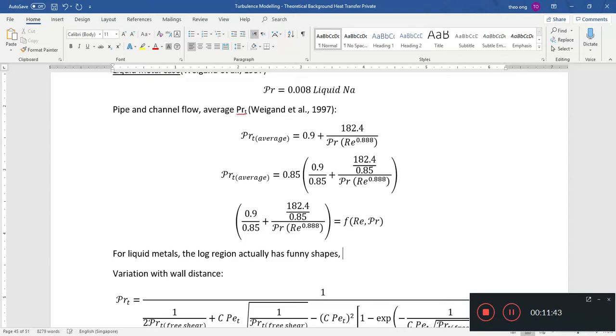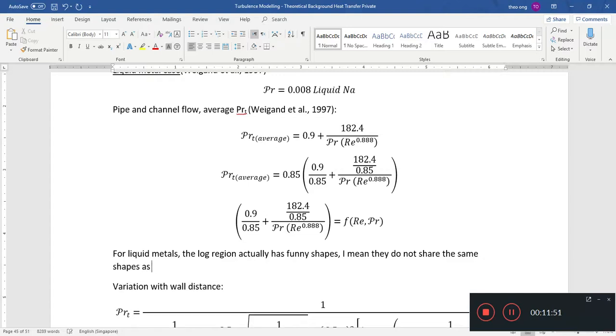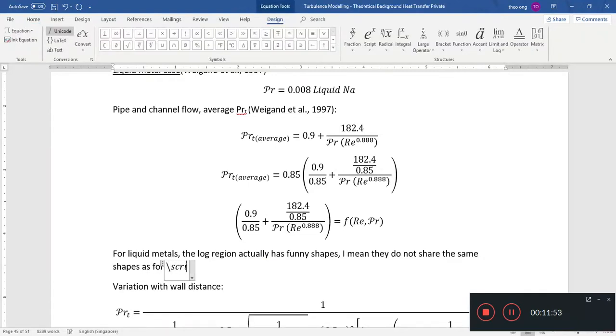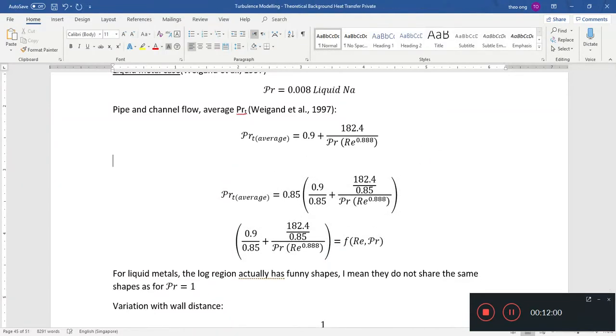When I say funny, I mean that they do not share the same shapes as for Prandtl number equal to 1. So it's not really a direct comparison.